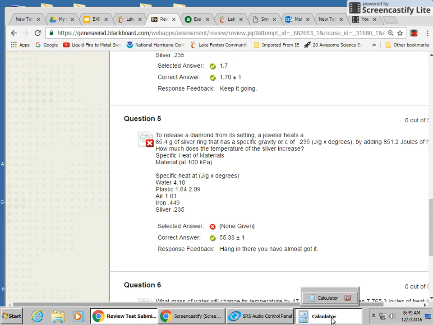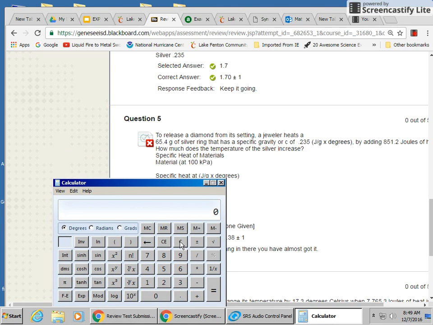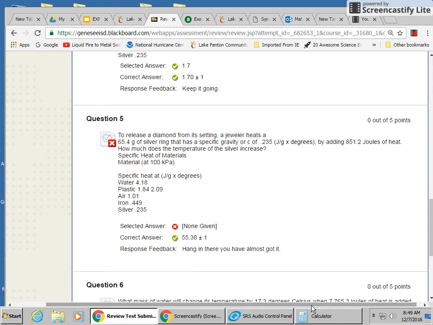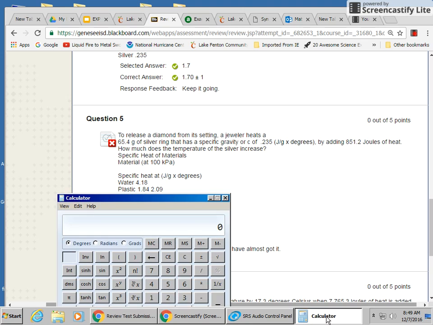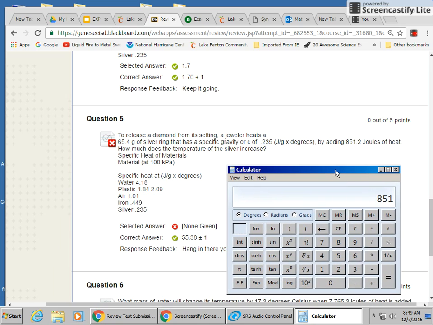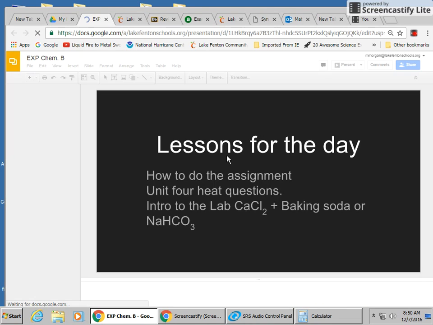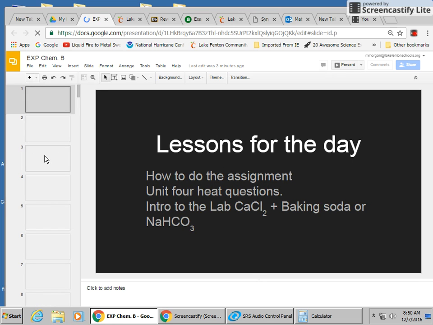The same thing here on the bottom one. All you do is you have Q, which is 851.2, right? And it's going to be divided by C and M because we're solving for delta T. Here's our equation.